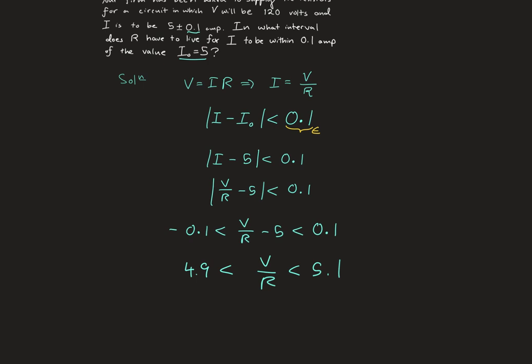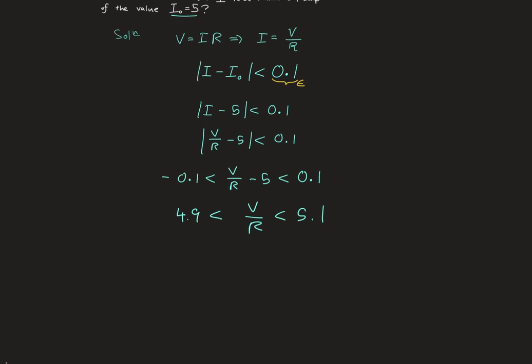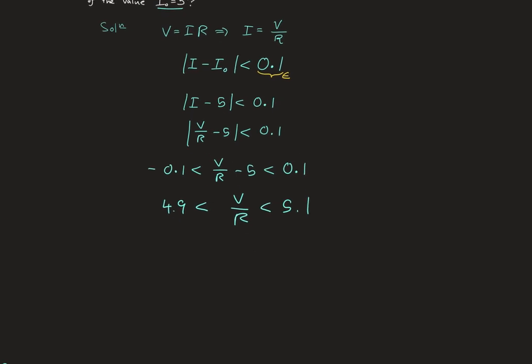Let's see. Well, we want R by itself, but it's in a denominator. So I think what I'm going to do is actually look at both of these separately. So let me grab this one first. V over R. Oh, also, I don't know if it's strict inequality or not. I think it is a strict inequality. V over R is less than 5.1.